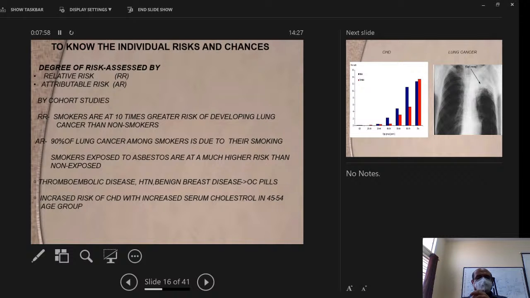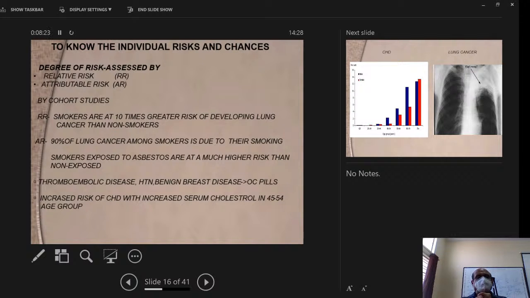In this, the degree of risk is assessed by relative risk to know the individual risk and chances. So relative risk and attributable risk we calculate here. By cohort studies, relative risk is: smokers are at 10 times greater risk of developing lung cancer than non-smokers.